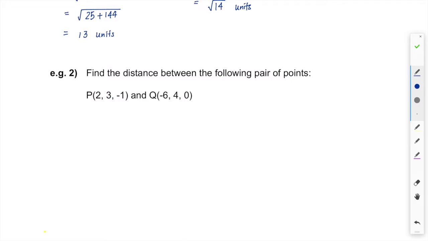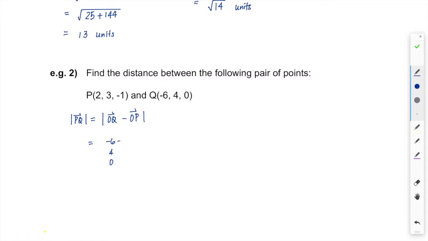So here, just to keep things simple, I will just call this the magnitude of PQ, which is what we're looking for. And we know that to find the vector PQ, we can subtract the position vectors OQ minus OP. Okay, and so I have -6, 4, 0 as position vector OQ minus 2, 3, -1 as position vector OP.